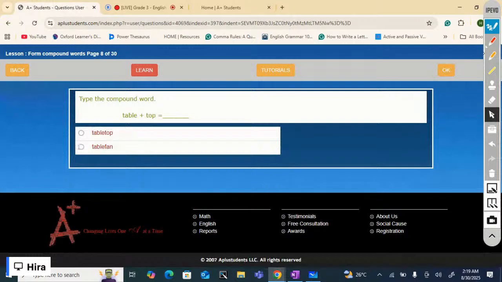Table and top. Table and top make tabletop.